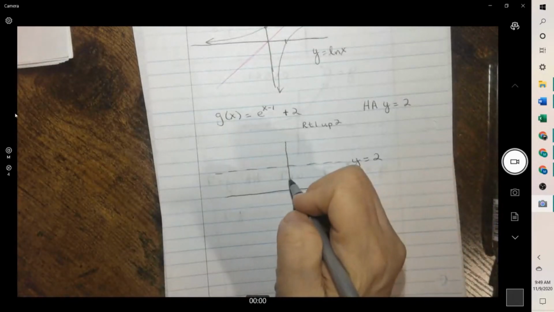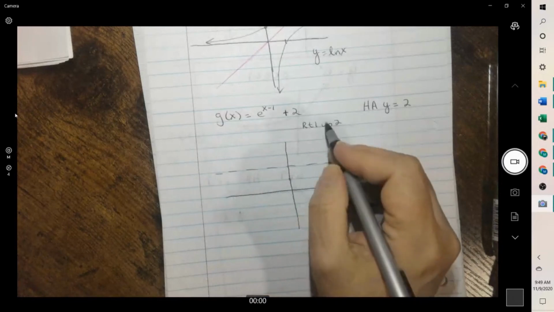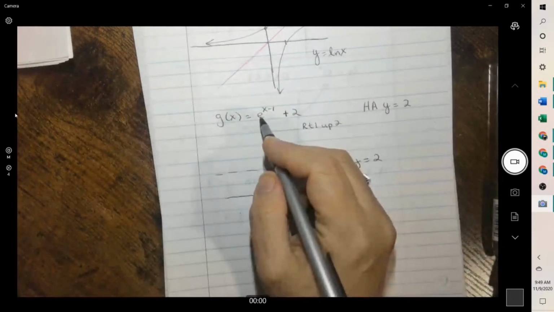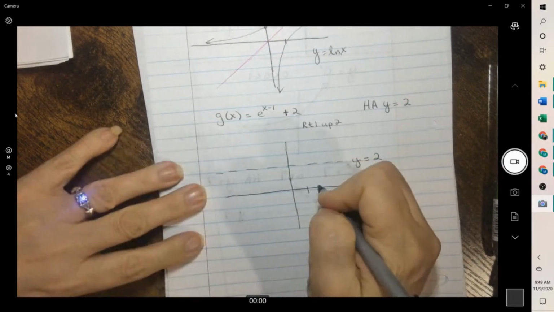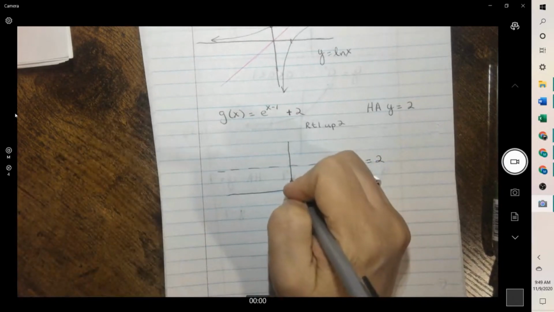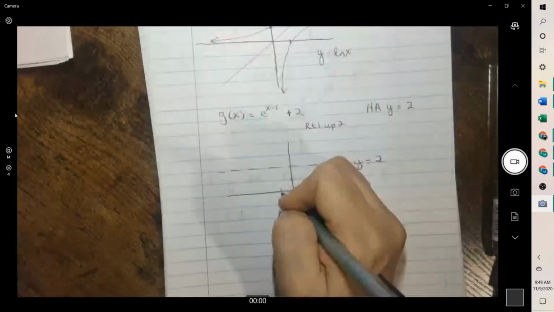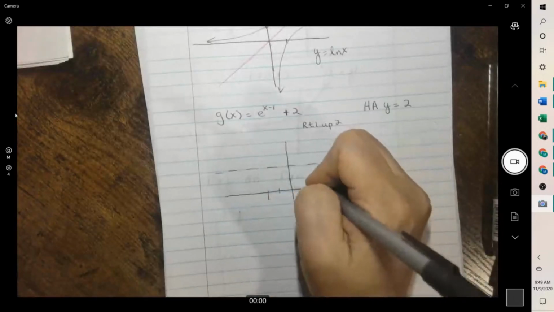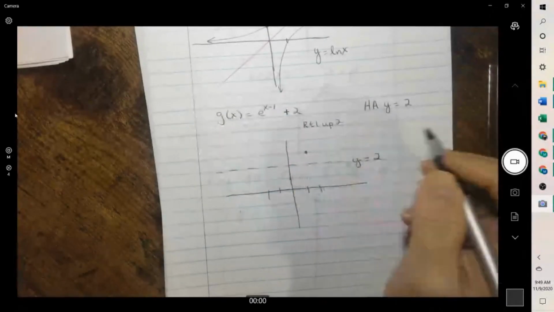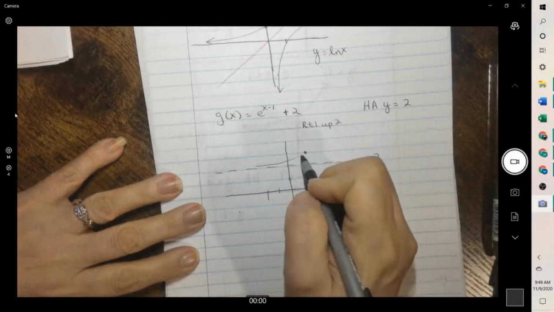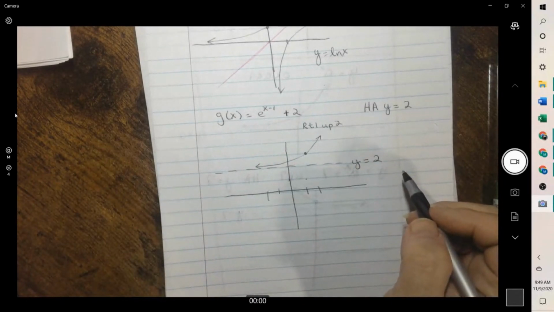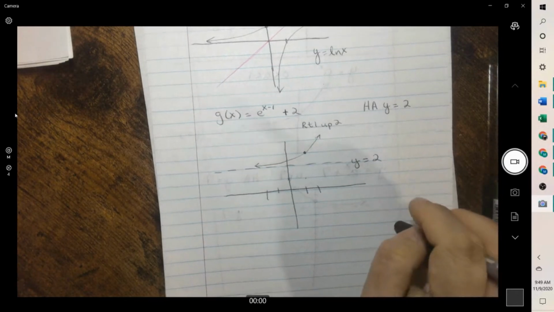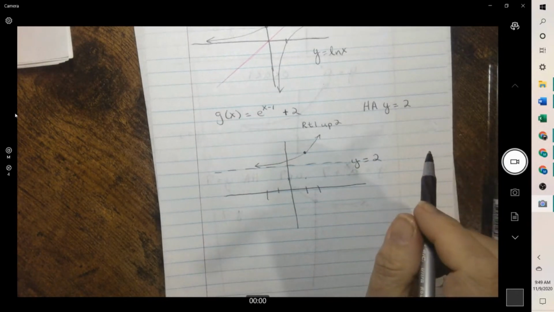Our point was here, and it's growing because this is greater than 1. So from here, we're moving right 1, up 2. Any questions on that?